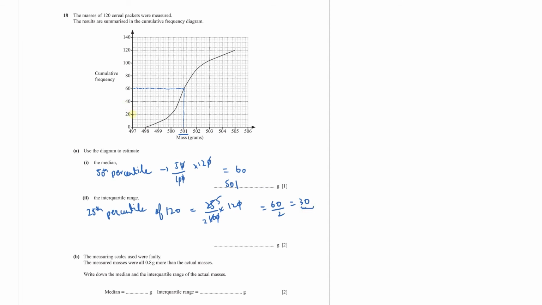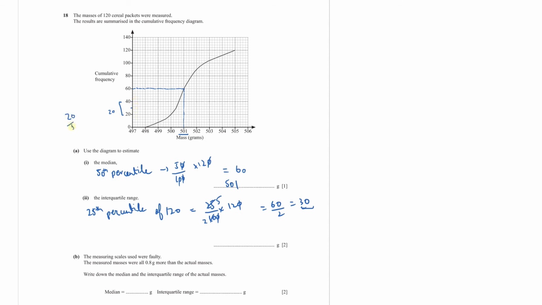So 30 will be, this is 20, this is 40, so that means in the middle of this box, two and a half boxes below, two and a half boxes above. Each small box represents a value change of, so you're changing 20 values, and the number of boxes are 1, 2, 3, 4, 5.